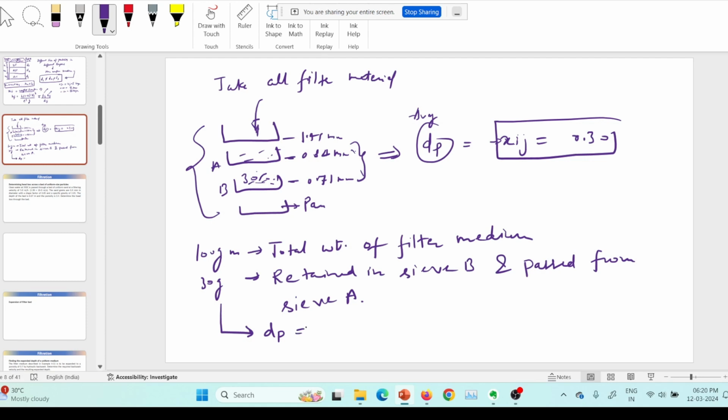That will be nothing but the average of 0.84 plus 0.71 divided by 2. This will be considered as the average particle size.